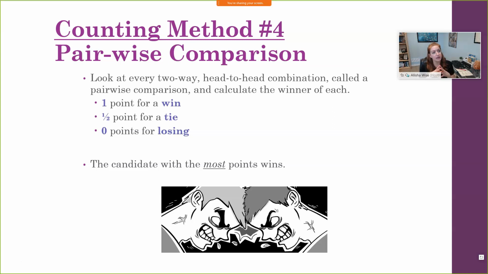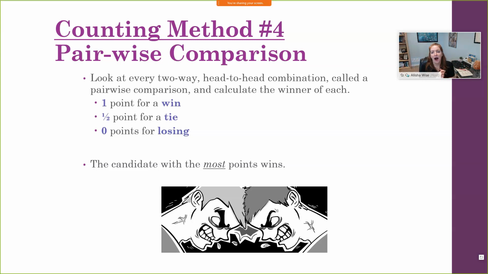Pairwise comparisons takes all of the possible head-to-head comparisons, and we have to do all the calculations for those head-to-head comparisons, and then we're going to give points for those battles. I'm going to call them battles. So like hula versus Rose would be a battle, right? And hula won that, so they would get that 1 point for winning that battle.